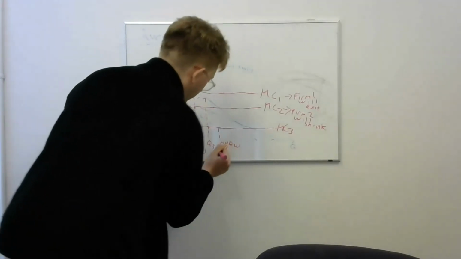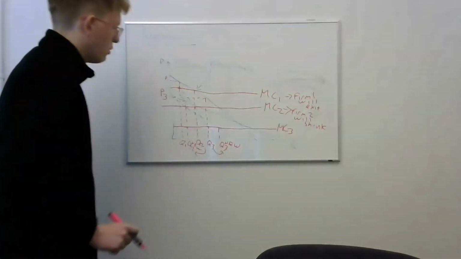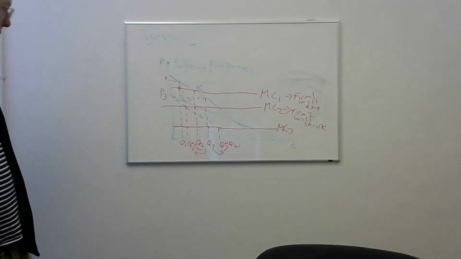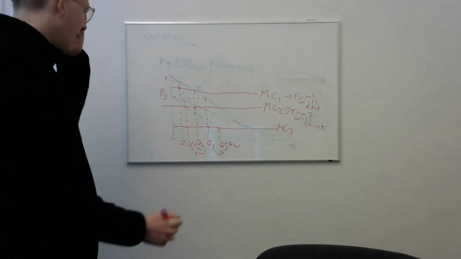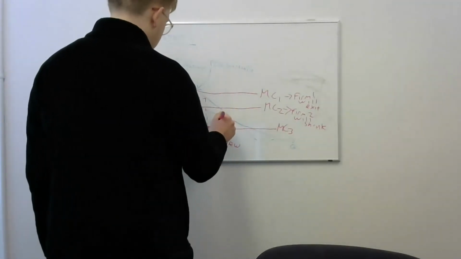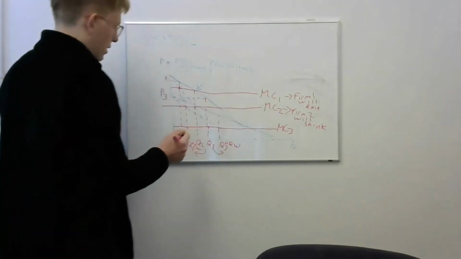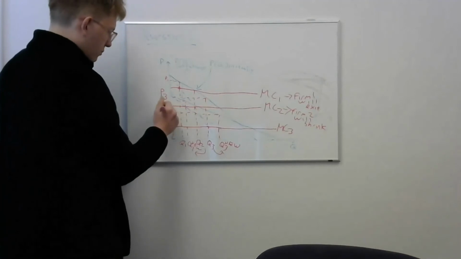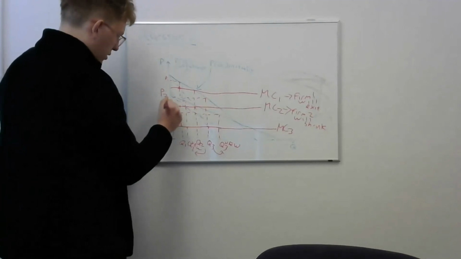Note that my firm is going to produce relatively more now, so Q3 is going to increase. And again, it's going to sell at a price given by what the new market will bear, which is P3 new.